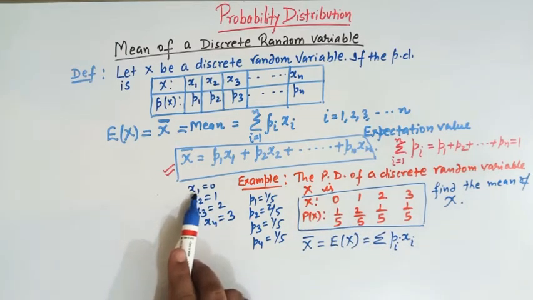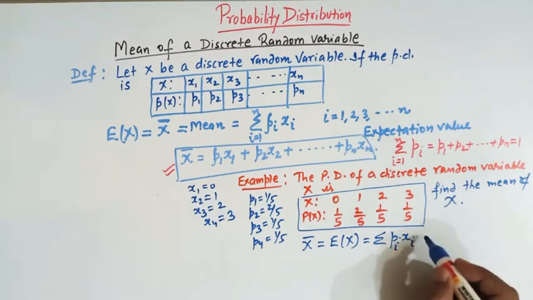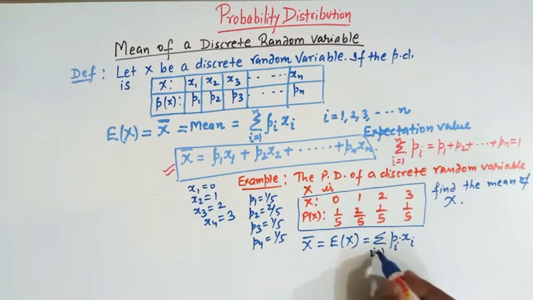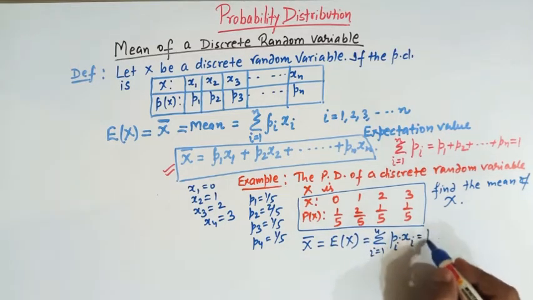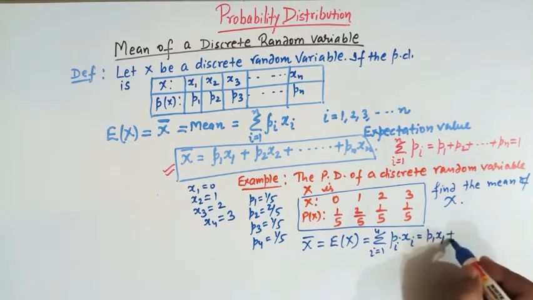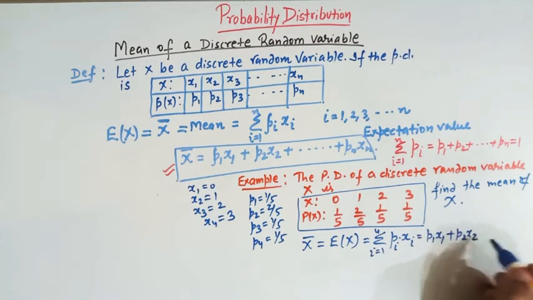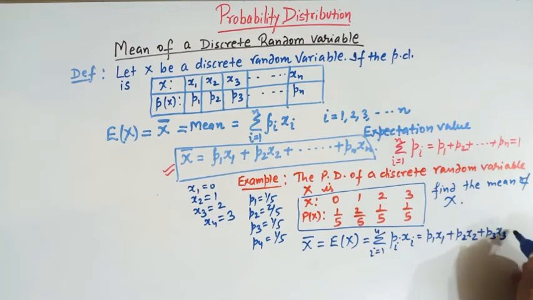Here i takes the value from 1 to 4, so we can write i equal to 1 to 4, and we have p1 x1, then we have p2 x2, then p3 x3, and then p4 x4.